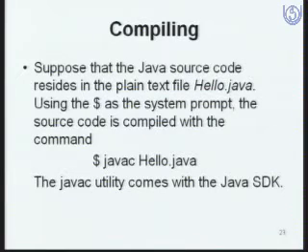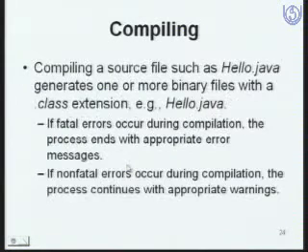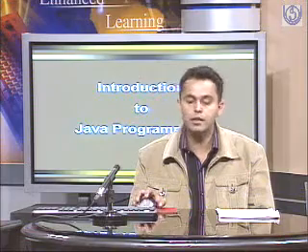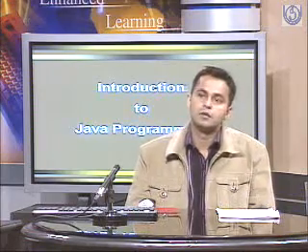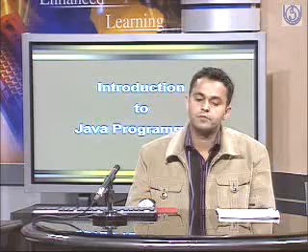Here we are showing you the command for compiling the source code, that is $javac. Javac is a reserved word showing that we want to compile the source code, that is hello.java.